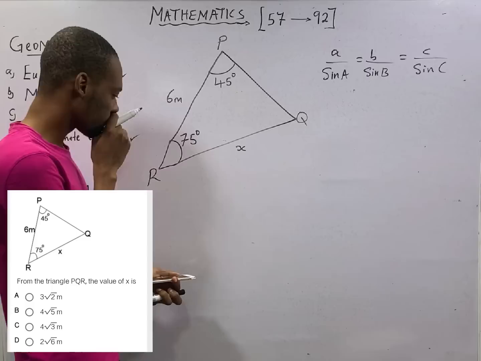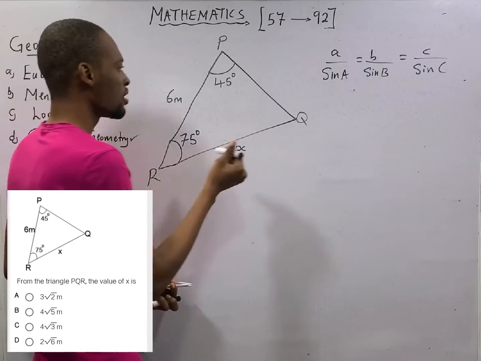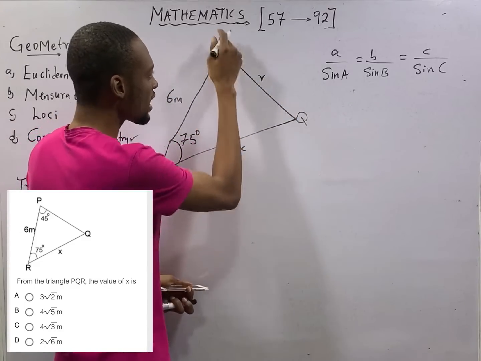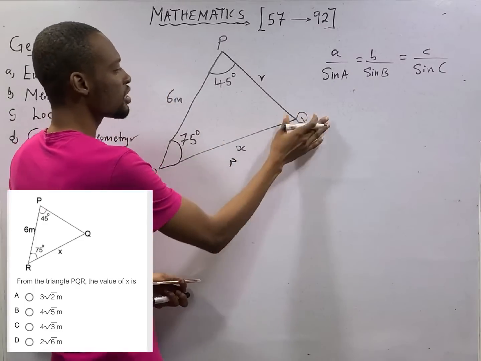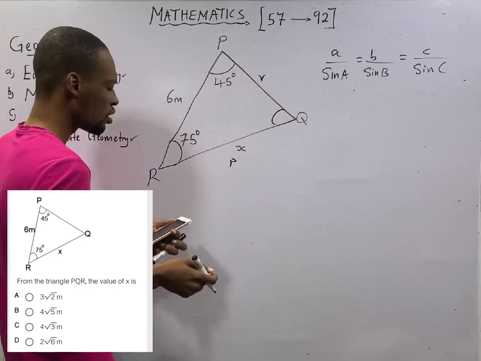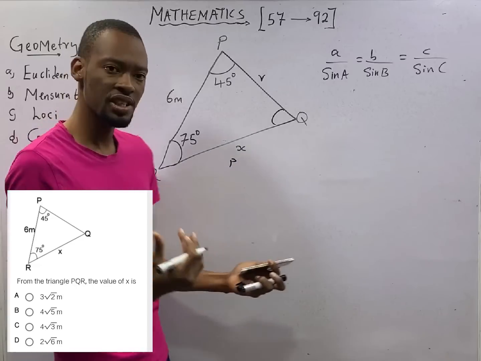Now look at it. This is angle R, 75 degrees. This is side small r. This is angle P. This side facing P, call it small p, which is S. This is angle Q. In fact, let's define this angle. The sum of angles in a triangle is 180 degrees.